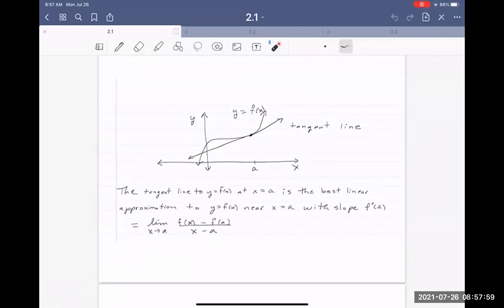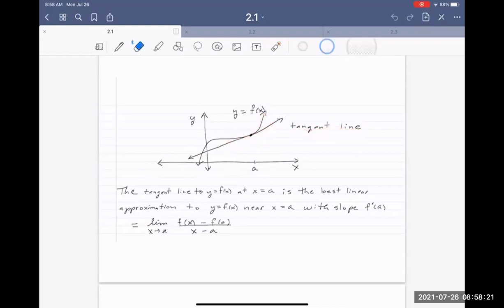So suppose we have some curve relative to some coordinate system at some point a, then the line that best approximates this curve near x equals a will be called the tangent line.